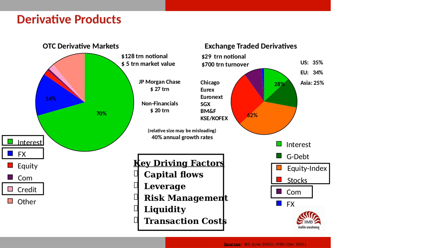Whereas when you go to the exchanges, you see equity, index, and stocks. Equity overall, as the underlying, covers about 62% of the market. What this indirectly shows me is that different types of markets have different types of products which are popular in their own space.